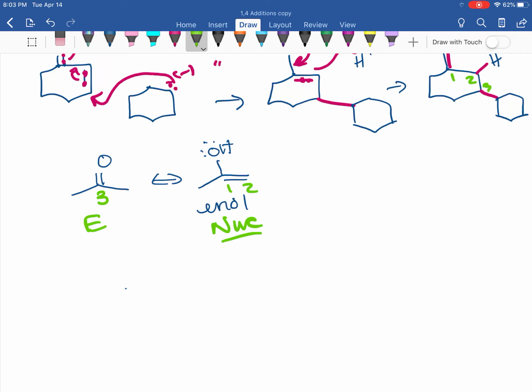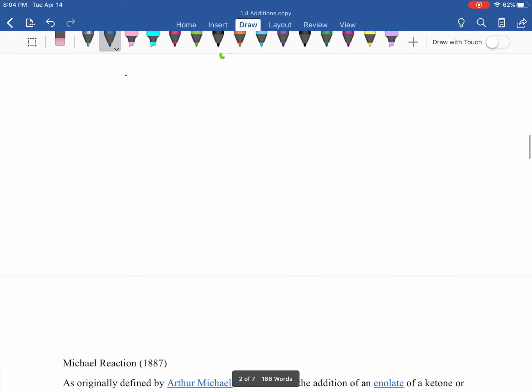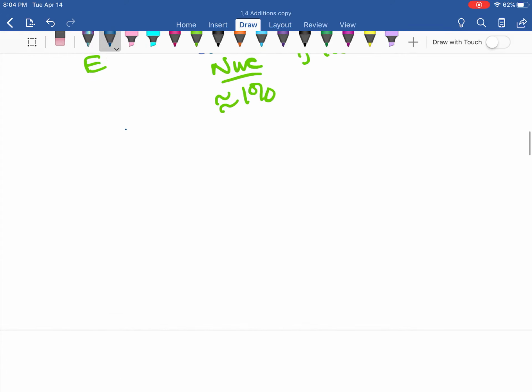So it turns out enols or enolates, we can also make that happen. We don't have to wait for that 1%. We can make that 100% with the base. That enolate turns out is a good nucleophile for 1,4 additions. All right, so let's scroll down just a little bit and let's try to draw one of those. This is going to be so much fun.